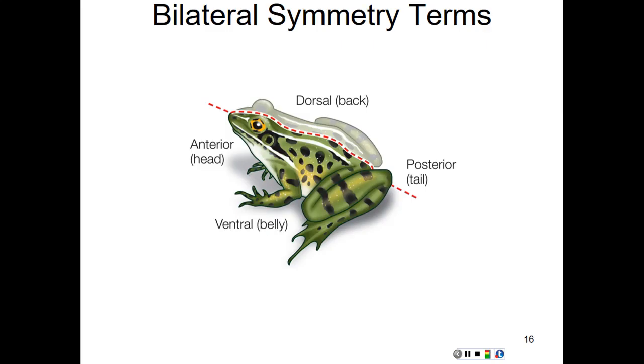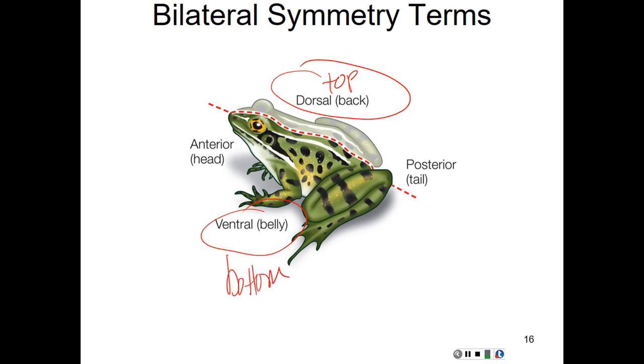When we're talking about something with bilateral symmetry, there are a few other terms that come up because there are a lot of differences in the organism depending on the angle you're looking at. For a bilaterally symmetrical animal, its dorsal side is the top, or what you might call the back. The ventral side is the organism's belly. We might also sometimes call this the bottom.